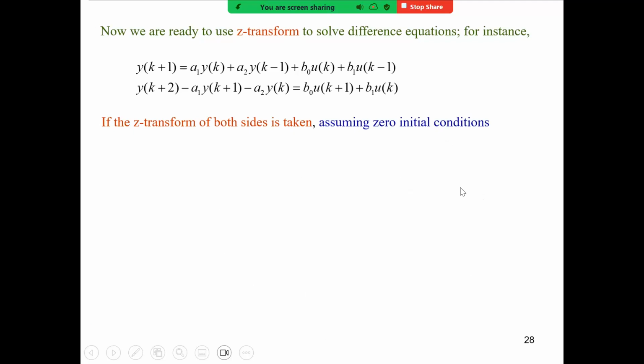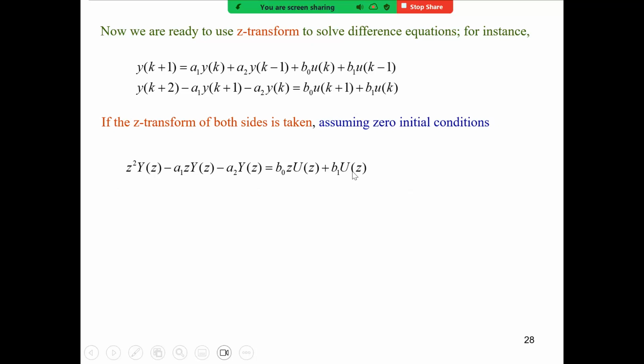We can quickly get a solution. When we apply the Z transform on both sides, y(k+2), a forward shift twice, becomes z squared Y. For y(k+1), we have z times Y. There is no shift on y(k), so we keep the Y. The u(k+1) becomes z times U. u(k) stays the same, U(z).